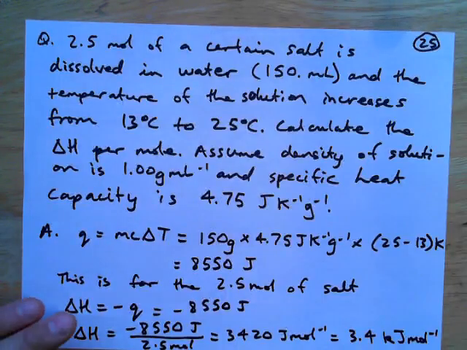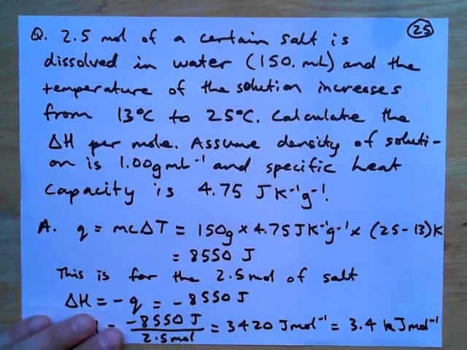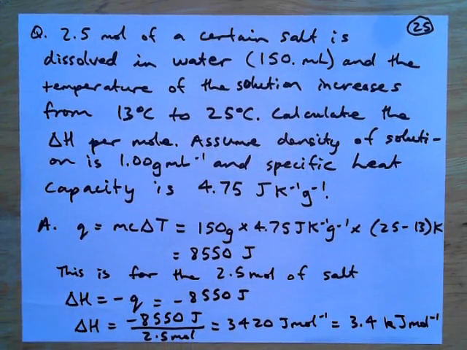Okay, so let's do an example. If we have 2.5 moles of a certain salt dissolved in water, so that's 150 mils of water, and the temperature of the solution increases from 13 degrees Celsius to 25 degrees Celsius, we need to calculate the delta H per mole. Okay, so assume the density of solution is 1 gram per mil and the specific heat capacity is 4.75 joules per Kelvin per gram.